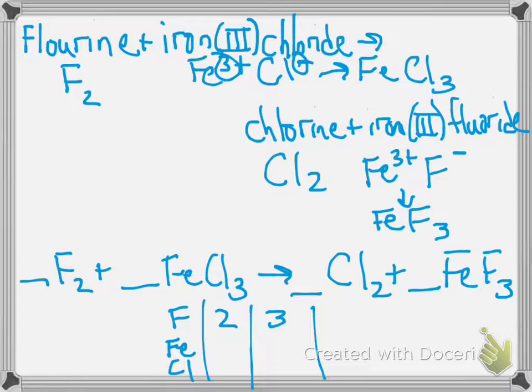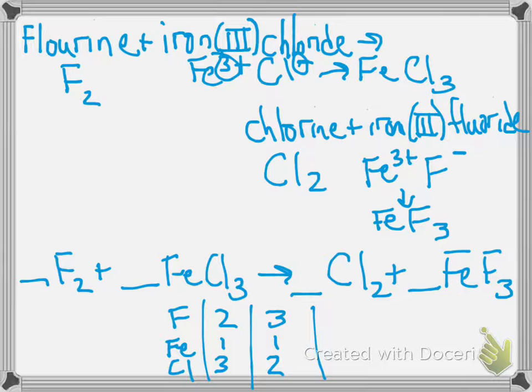So we have that classic odd-even situation, and we'll talk about how to resolve that in a minute. Then we have 1 iron atom on each side, because the subscript in this formula only applies to chlorine and fluorine respectively. And we can see that we have 3 chlorine atoms on the left and 2 on the right.